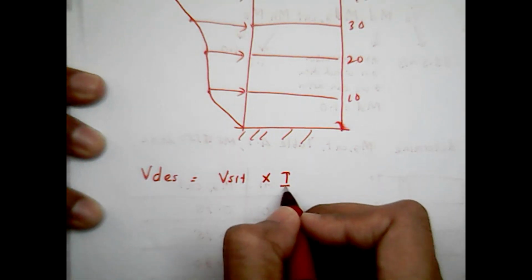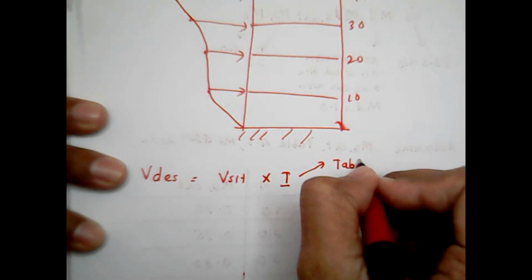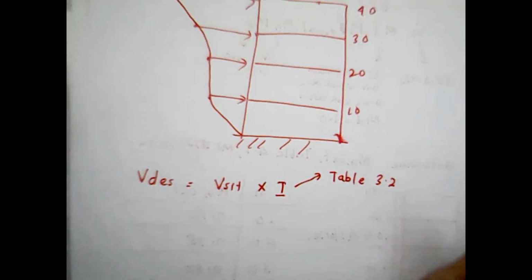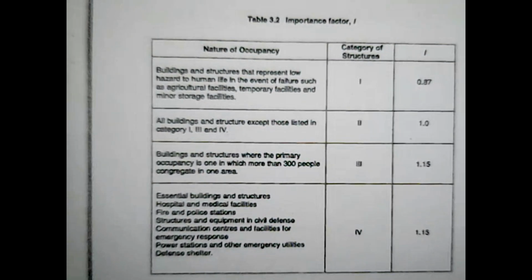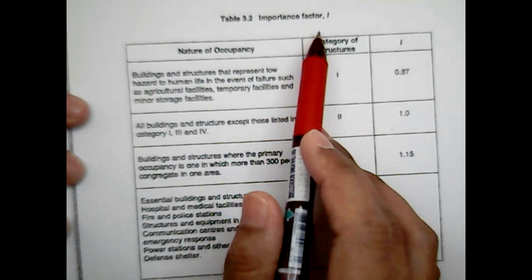So where do you get the importance factor from? You have to refer to Table 3.2, which is the importance factor.